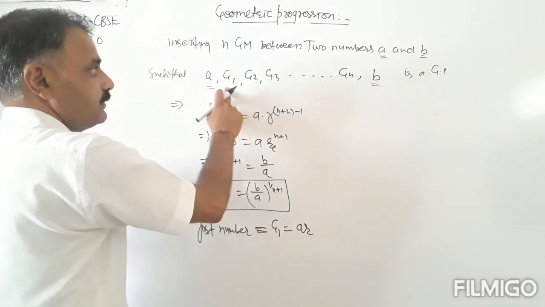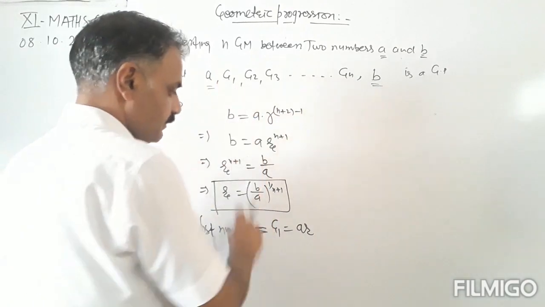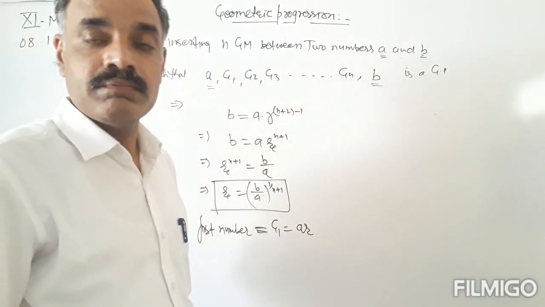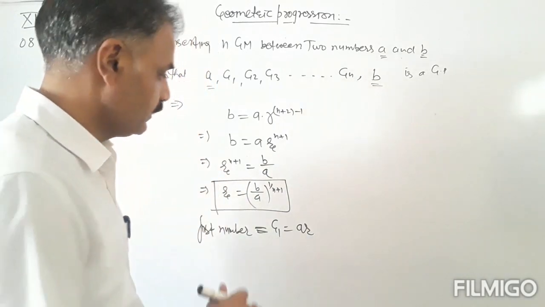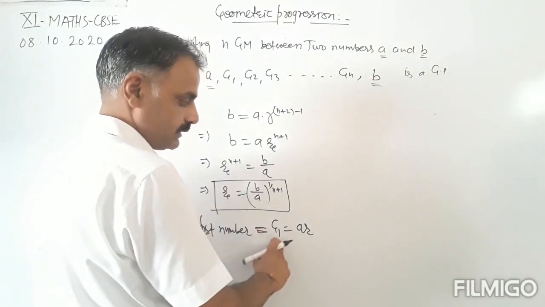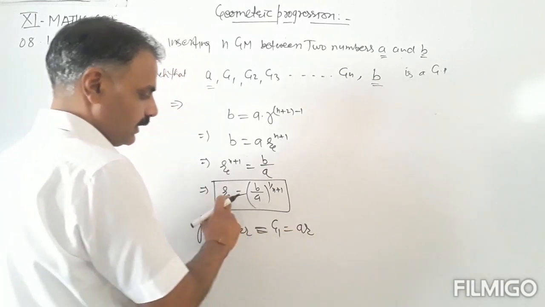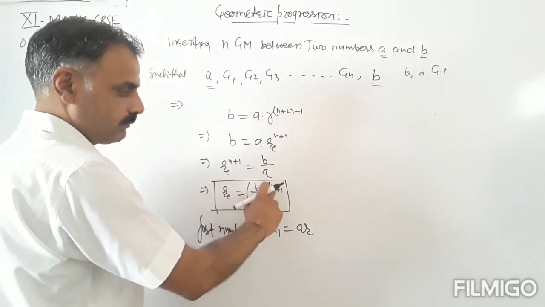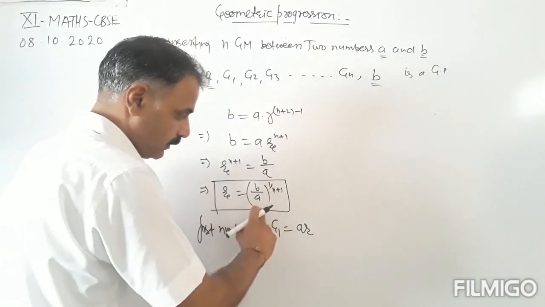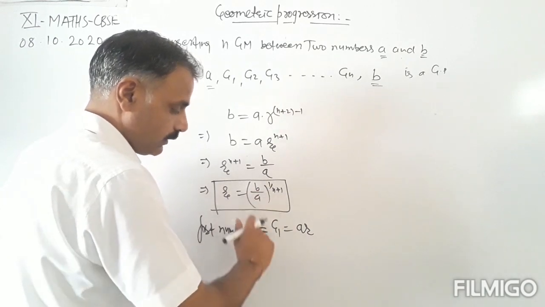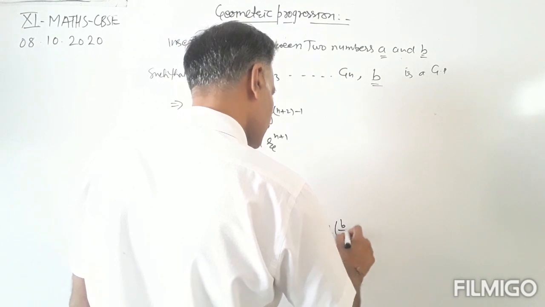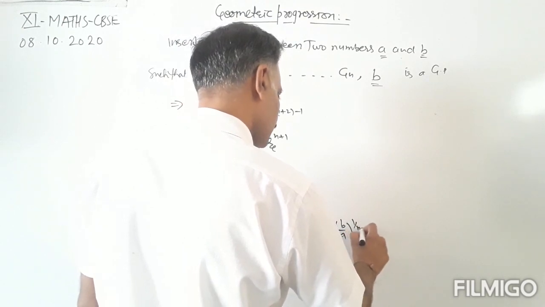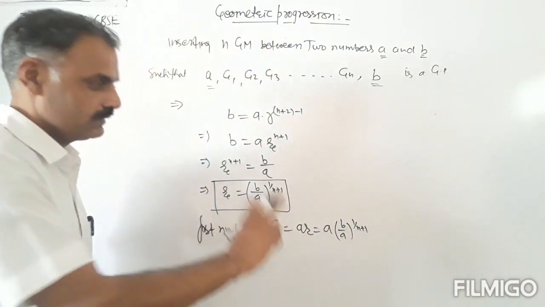G1 is the first term that we want to find, but it is the second term in the resulting sequence. So G1 is equal to a into r, and r is equal to (b upon a) raised to the power 1 upon n plus 1. So this is equal to a into (b upon a) raised to the power 1 upon n plus 1. This is the first term.